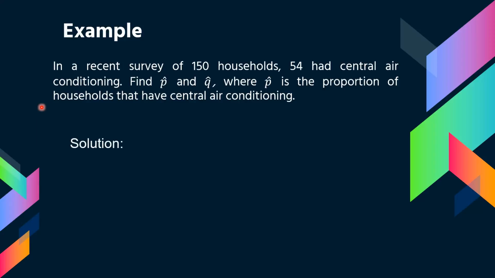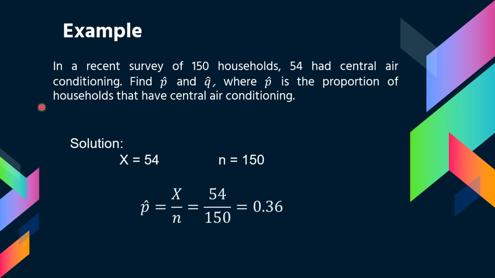So for our solution, the value of X is 54 and the sample size is 150. So using the formula, P hat is equal to X divided by N. So we have 54 divided by 150, which is equal to 0.36.